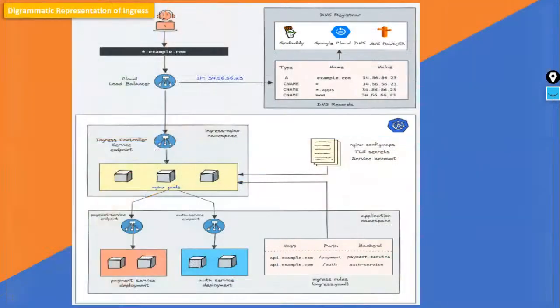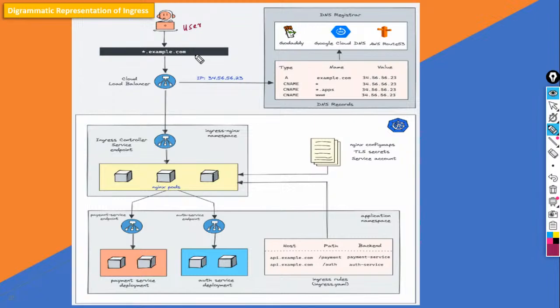So this is the final diagrammatic representation of ingress. Here you see, you are the user, right? You are hitting a URL and you are giving something .example.com.